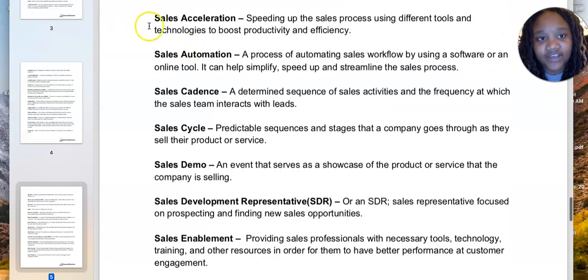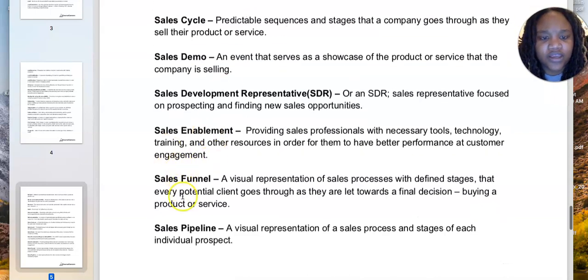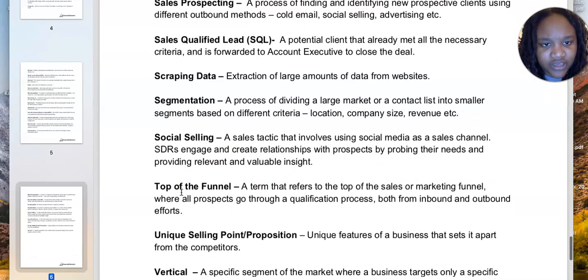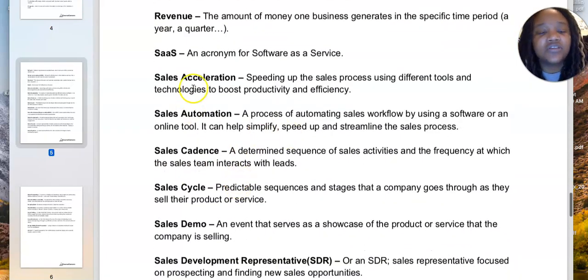Okay, next we have sales acceleration. In my opinion, it's very similar to sales engagement. Oh wait, no, I guess they don't have sales engagement. Essentially, they're the same thing. Anyways, sales acceleration is speeding up the sales process by using different tools and technology to boost productivity and effectiveness.